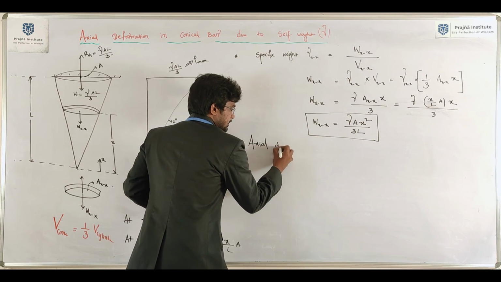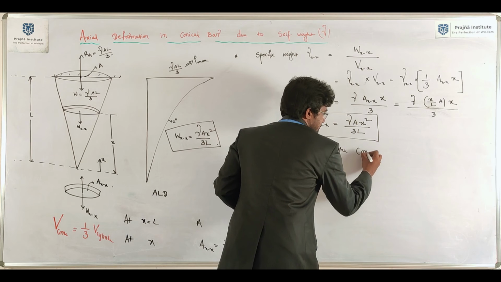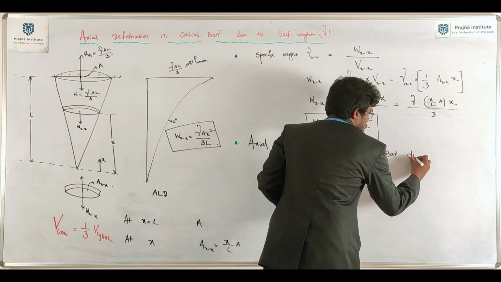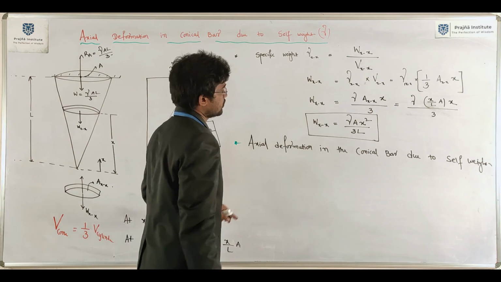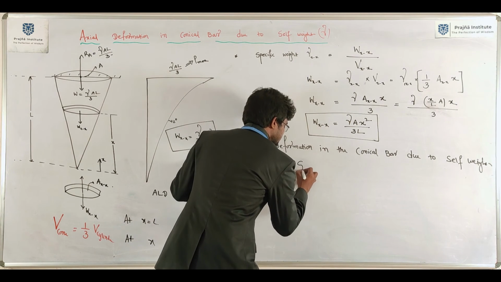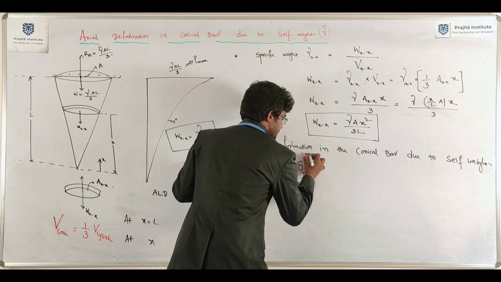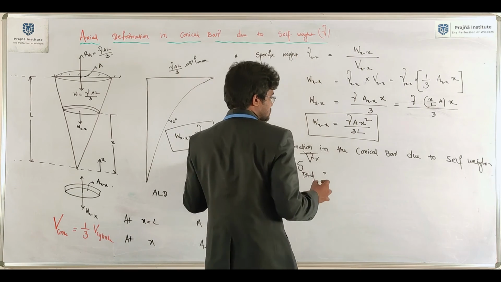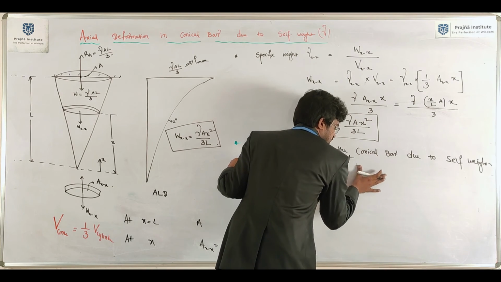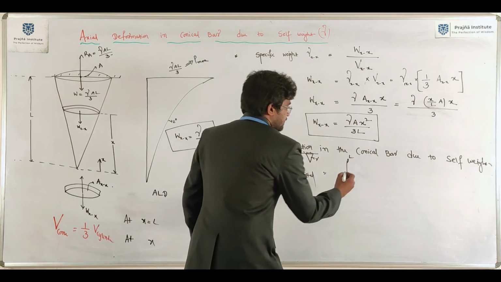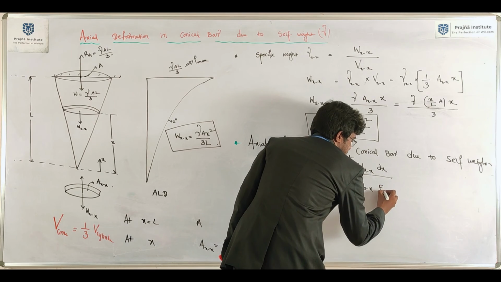Okay, it is very simple actually. Delta total for the conical bar due to self weight equals the integral from 0 to L of W_x into dx by A_x E_x. Correct?